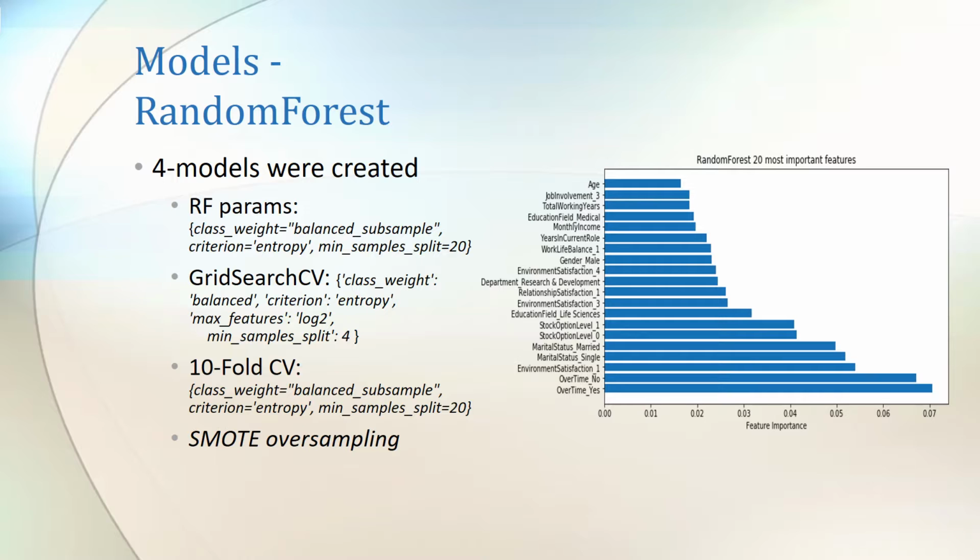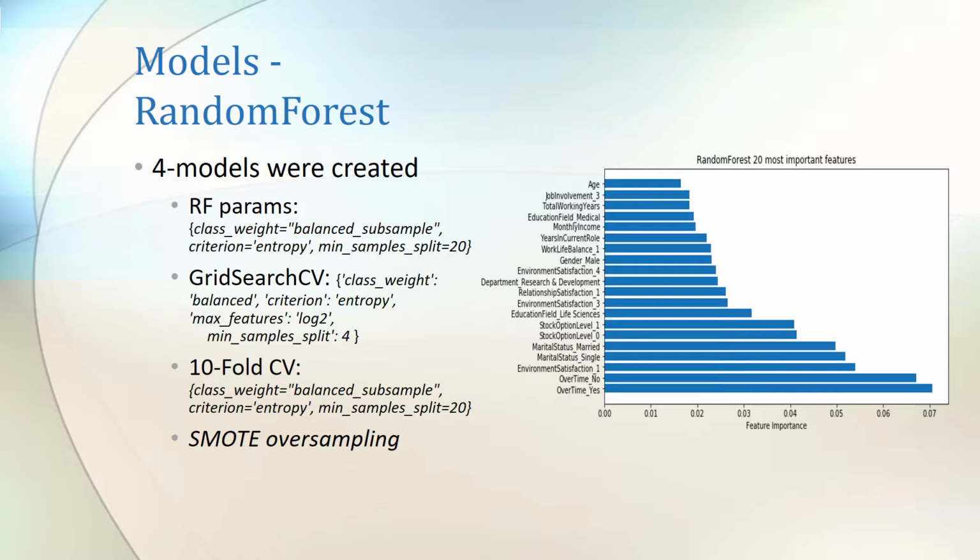model. Overtime has been rated the number one feature, followed by environment satisfaction and marital status. Then stock option level is also one of the preferred features. Then relationship satisfaction, and it also gives some importance to work-life balance.